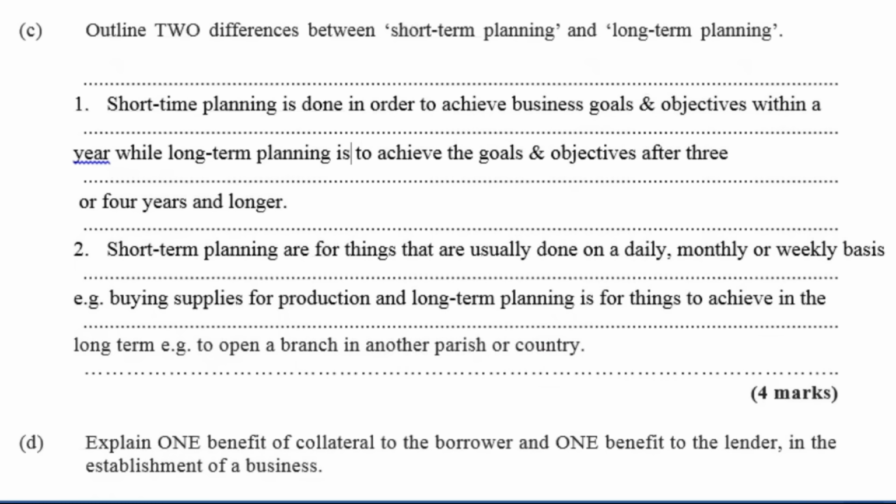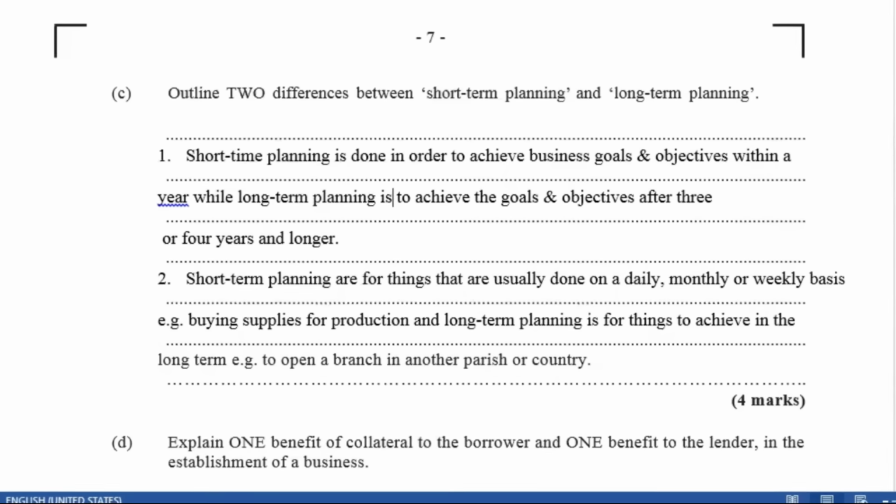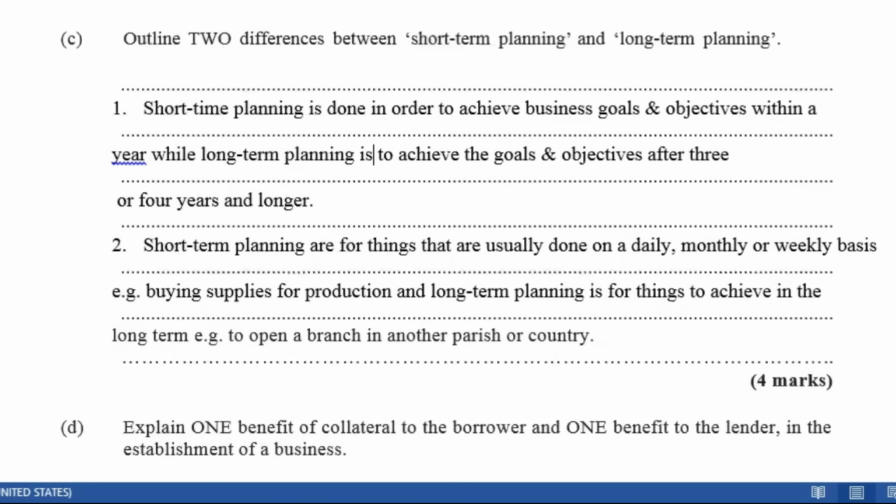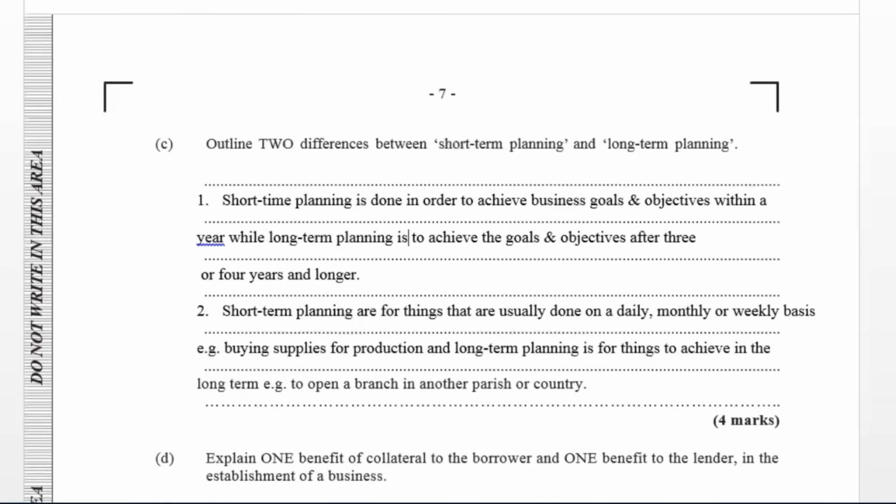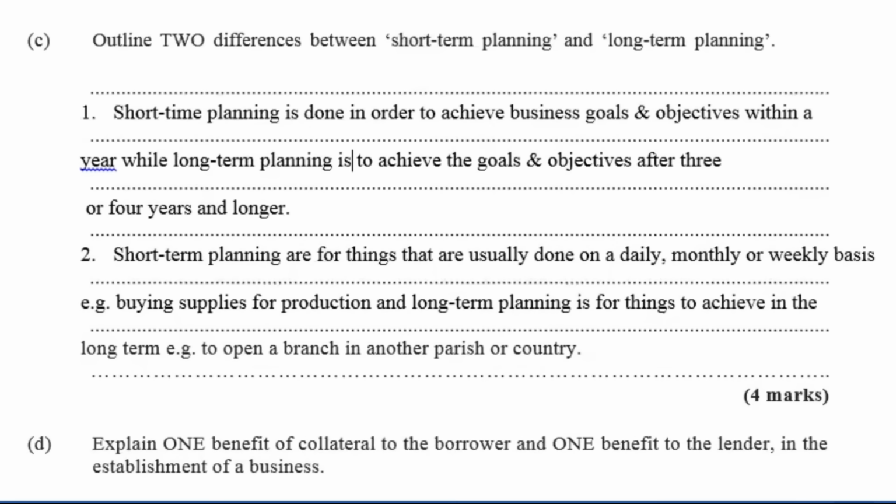Remember that a collateral is something of value that the borrower must give to the lender, and it must be of similar value to the amount that is being borrowed, so that in case you do not pay back your loan, the lender can use it to get back the money that you had borrowed, right? So it's important that you remember what is a collateral.